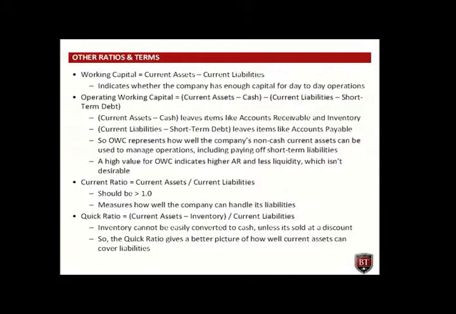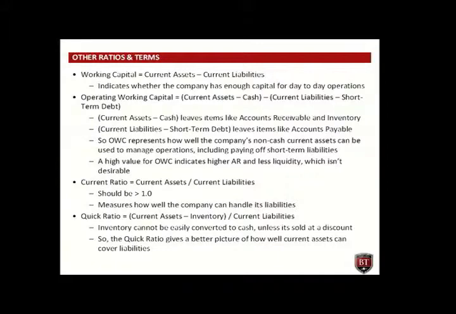The quick ratio is a variation on the current ratio, and all it does is subtract the inventory from your current assets and divide it by the current liabilities. The reason that the inventory is taken out is because inventory cannot sell very quickly and cannot very easily be converted to cash.